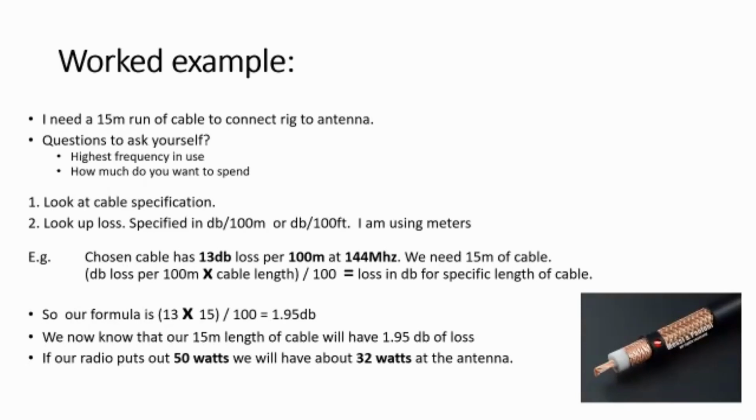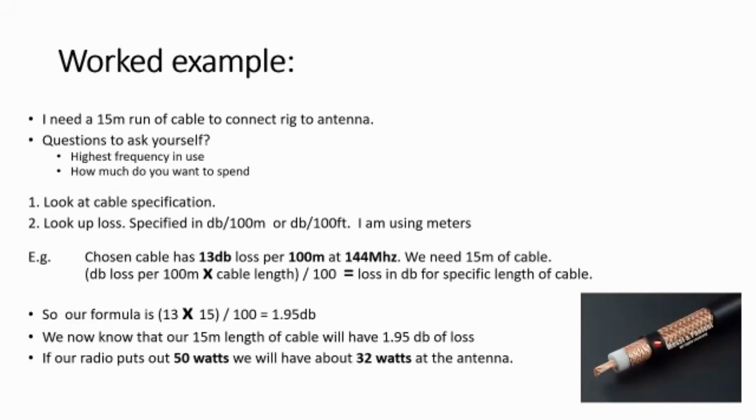So it is the loss in dB per 100 meters multiplied by the cable length divided by 100, and that will give you the loss in dB for the specified cable length. So there's the wee formula: 13 dB multiplied by 15 meters divided by 100 equals 1.95 dB at 2 meters.